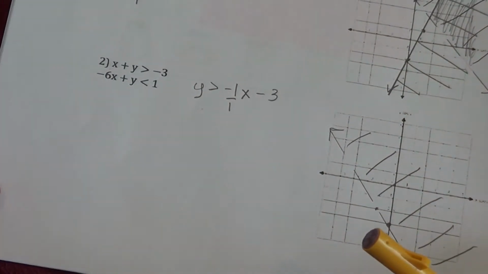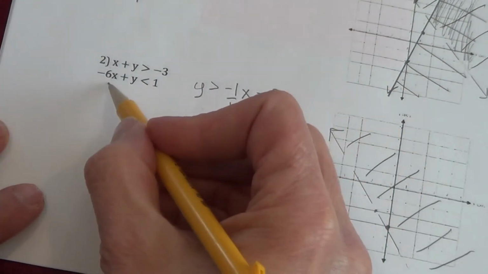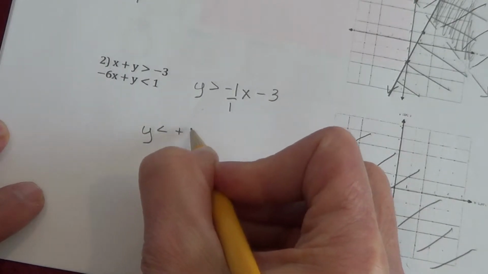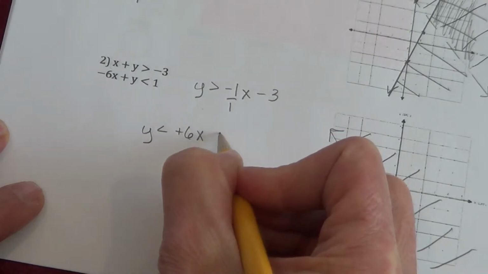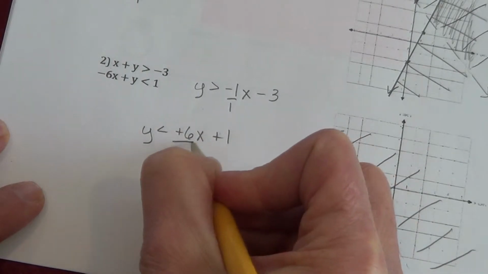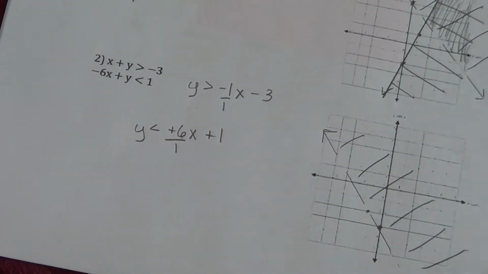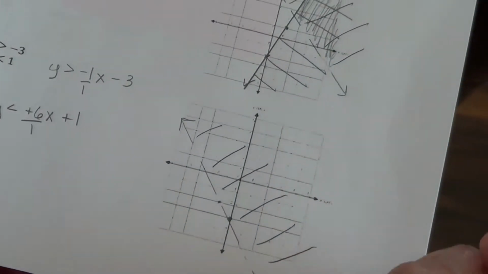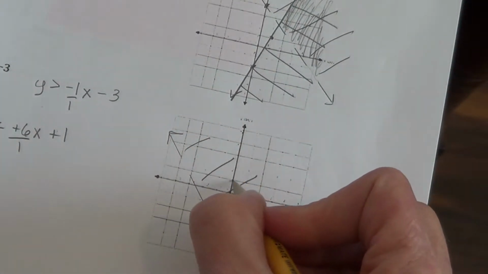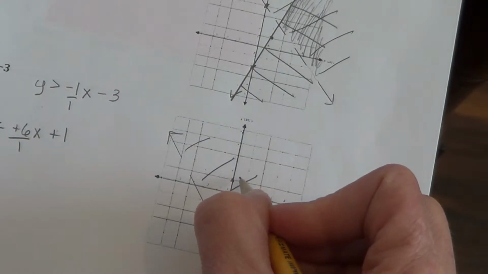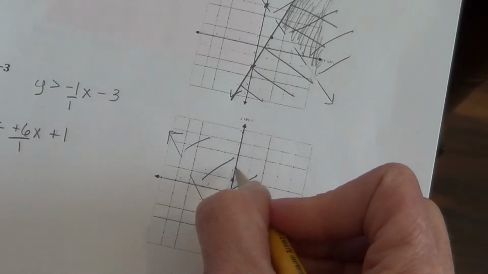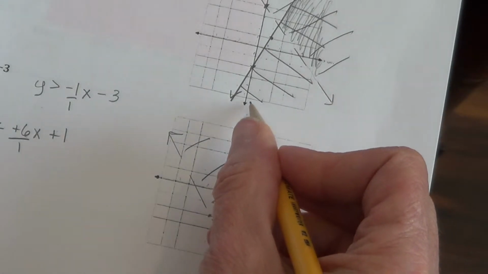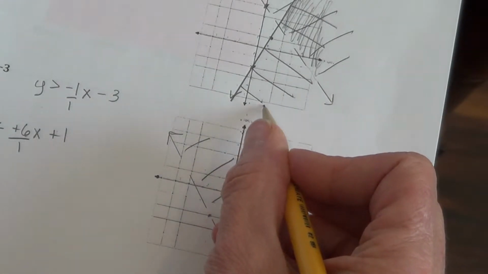Now the next one, we need to add 6x to each side to get that y alone. And we can write it over 1. There's always a 1 under a whole number. Okay, so we go to positive 1. From there, we rise 6: 1, 2, 3, 4, 5, 6, and run 1 to the right.